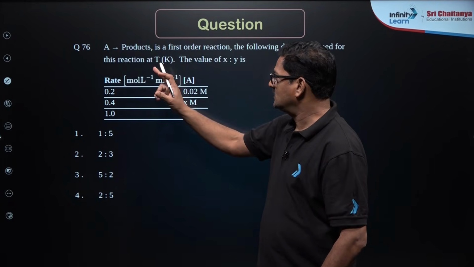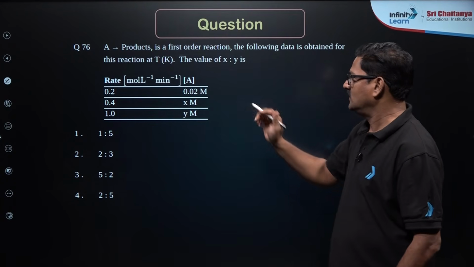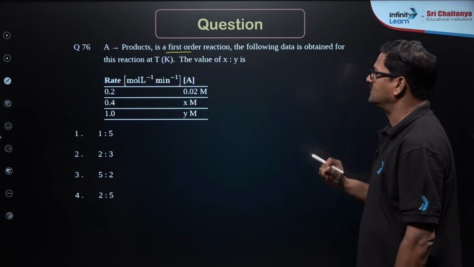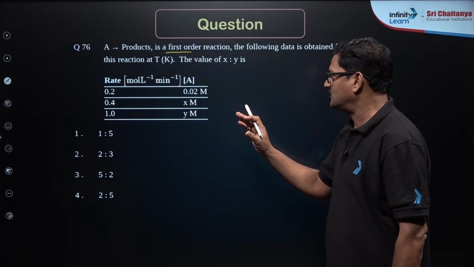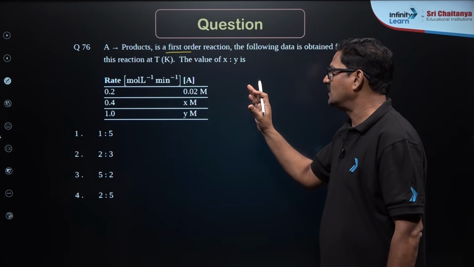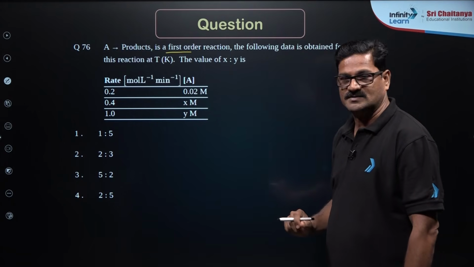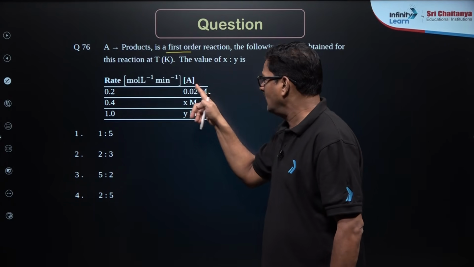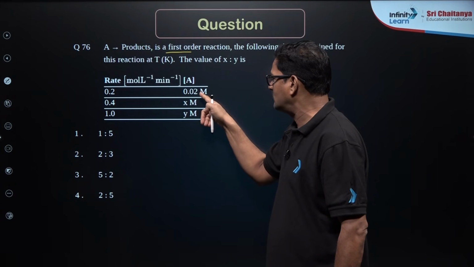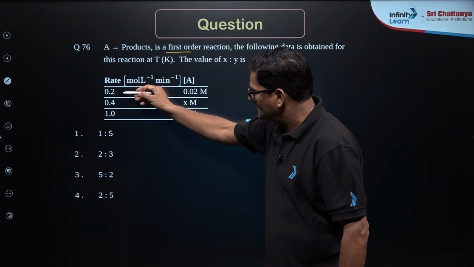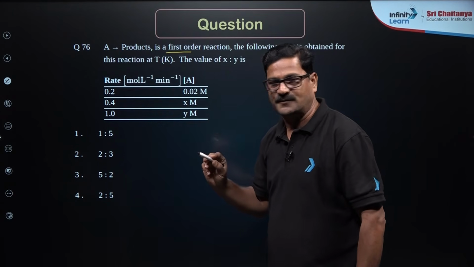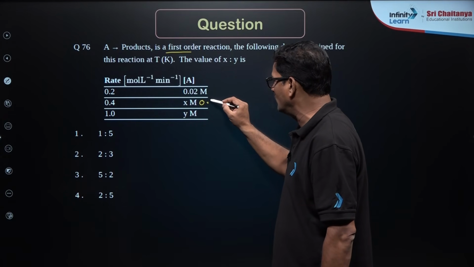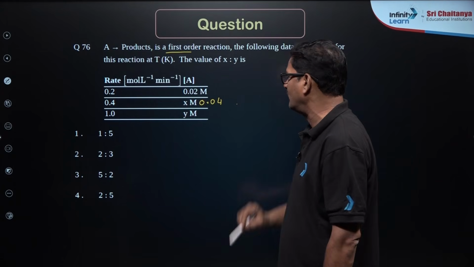Students, here is the question. A gives rise to product. It is said that it is a first order reaction, and the following data is obtained for this reaction at temperature T Kelvin. The value of X is to Y is. Here it is given rate 0.2 and initial concentration is 0.02. Rate is doubled here, becomes 0.4, so the concentration is supposed to double, the value will be 0.04.